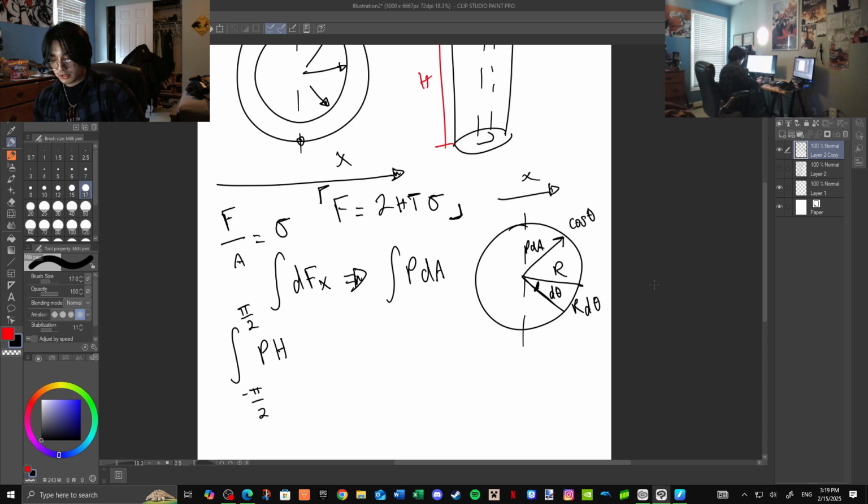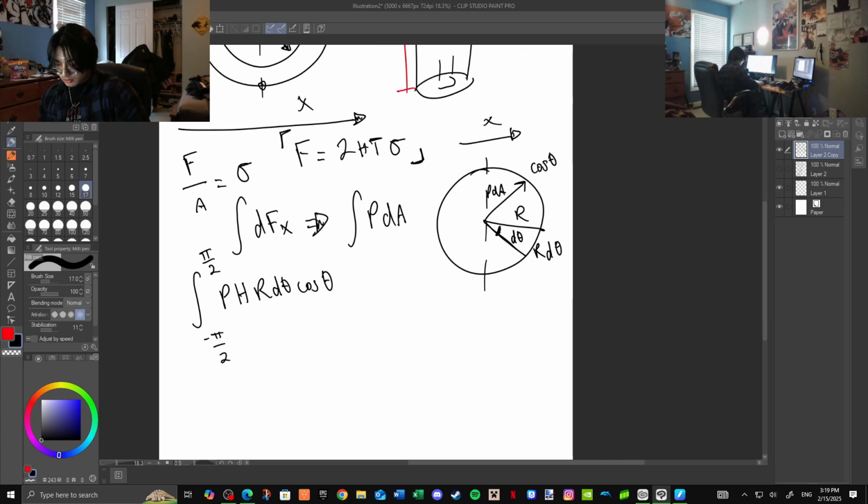With the equation in mind, we can create the integral from negative pi over 2 to pi over 2 of P h r d theta cosine theta. And so now we can derive this expression.